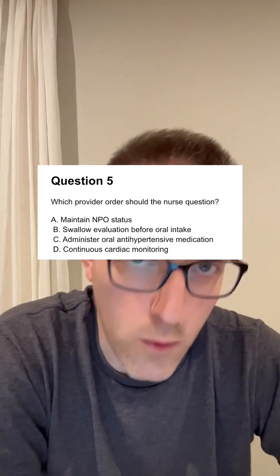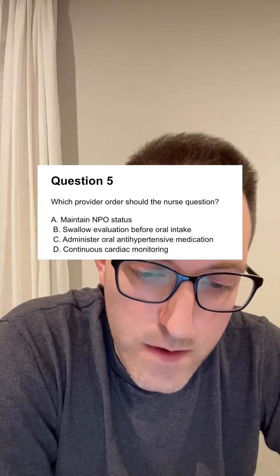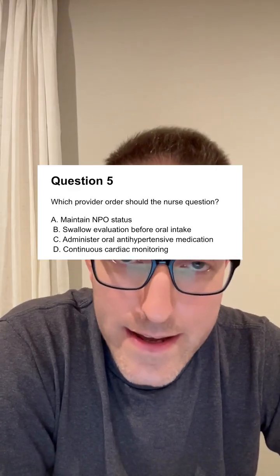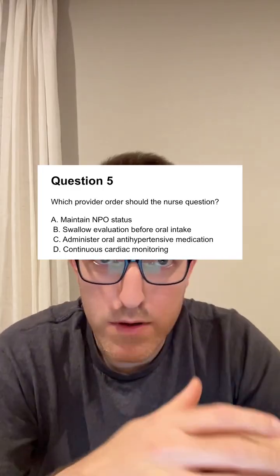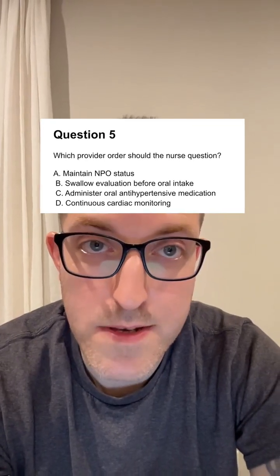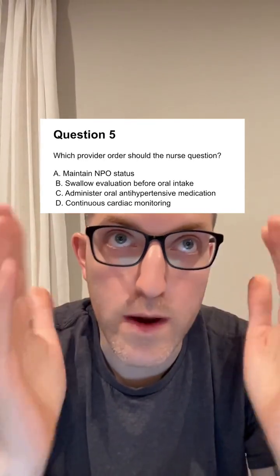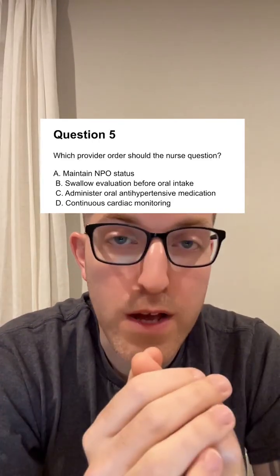Administer that oral antihypertensive. Giving anything to lower the blood pressure could worsen the cerebral ischemia. A lot of times when a patient presents with a stroke or stroke symptoms, until proven otherwise, we allow what's called permissive hypertension.